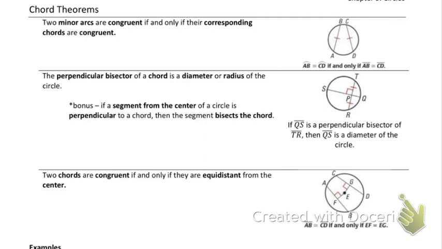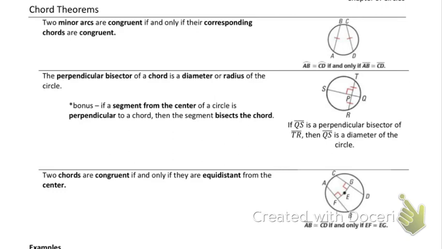So if we look at that drawing, it says, hey, AB is congruent to CD if and only if EF and GE are the same lengths. That's what that distance check is. So chord CD is congruent to AB as long as this distance is the same as that distance.